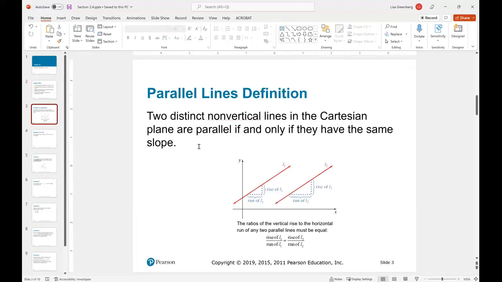All right, so let's talk about what a parallel line is. Two distinct non-vertical lines in the Cartesian plane are parallel if and only if they have the same slope. That's a good mathematical definition, but it's not necessarily something you would understand if you didn't understand the math words. So basically, think of two lines that never touch, something like railroad tracks.